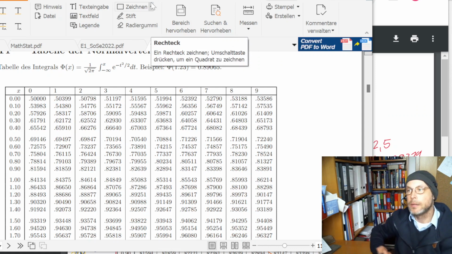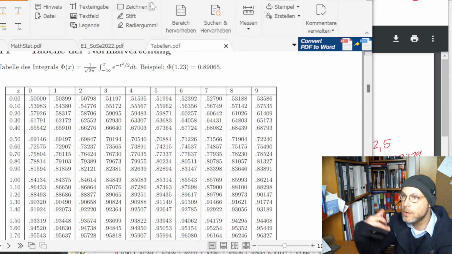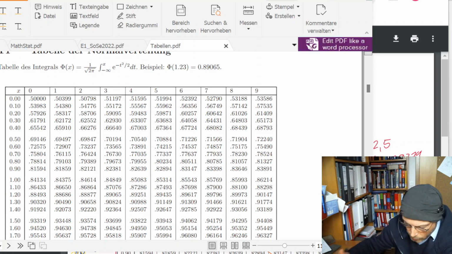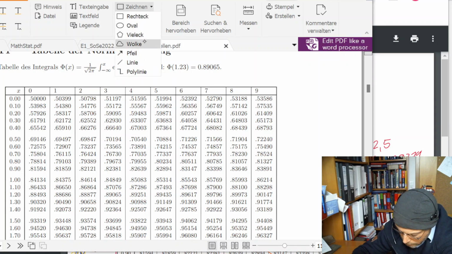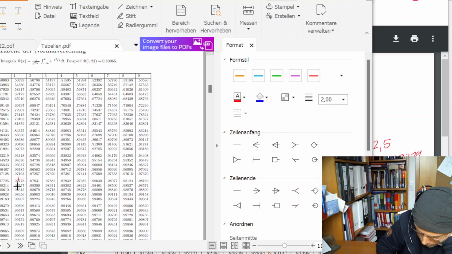Okay. What we have to do now is just look for the cumulated values in our normally distributed random variable. So we look up x is 1.